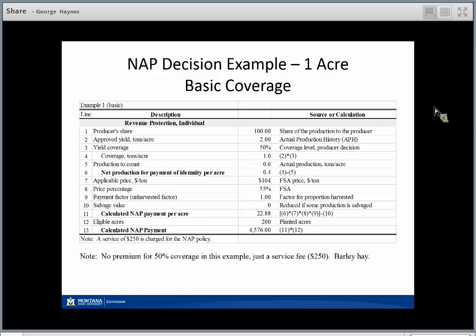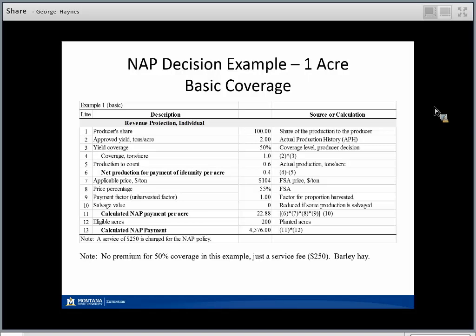It turns out that we had a couple hundred acres planted in this hay crop. In fact, I needed to clarify myself. We really are talking about barley hay rather than alfalfa hay in this instance. But 200 acres. Out of that 200 acres, we're going to get about $4,500 or a little more, just because we were able to go in and enroll for this insurance product, which protected us.